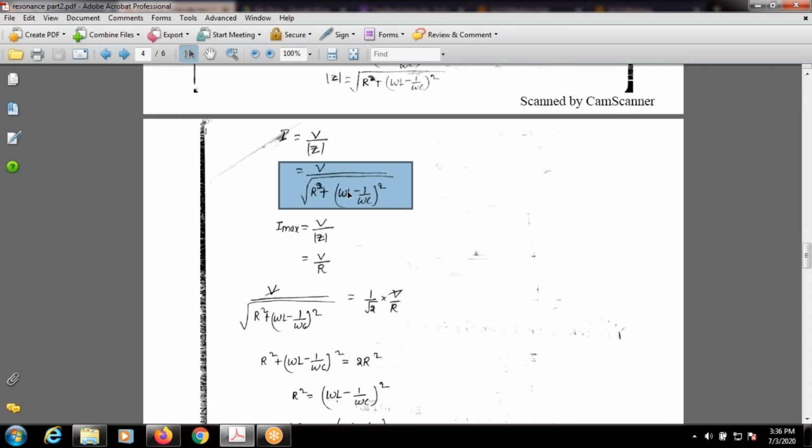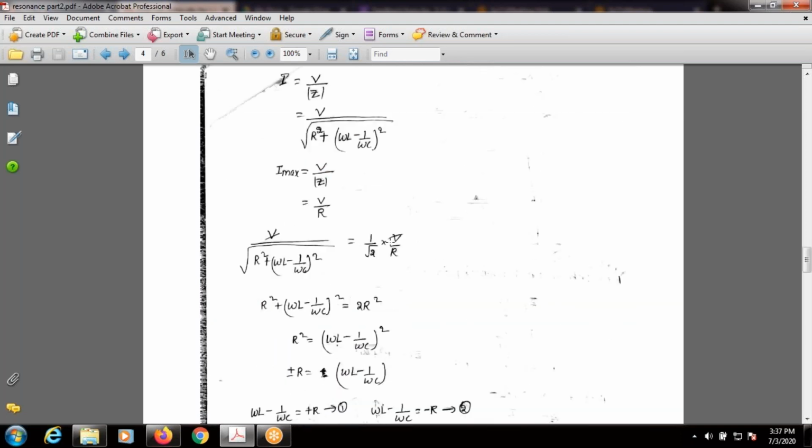V by root of R square plus (omega L minus 1 by omega C) whole square is equal to V by root 2 into R. So the V's get cancelled. Then simplify.